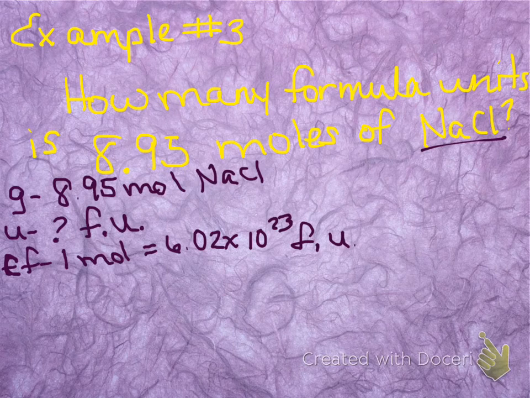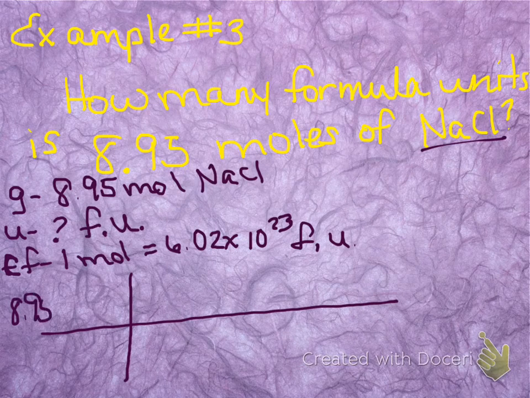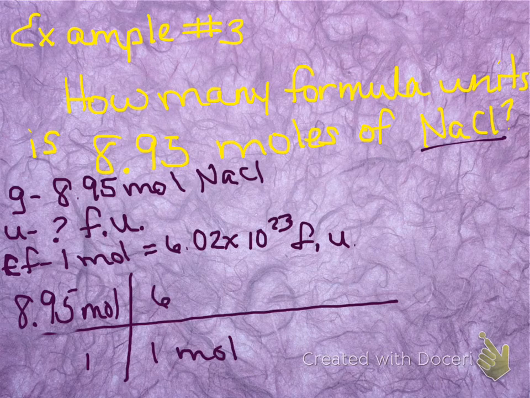Alright, so let's set up our truth table. We put our given up top, 8.95 moles. So our moles is going to go on the bottom, 1 mole here, 6.02 times 10 to the 23rd formula units here.